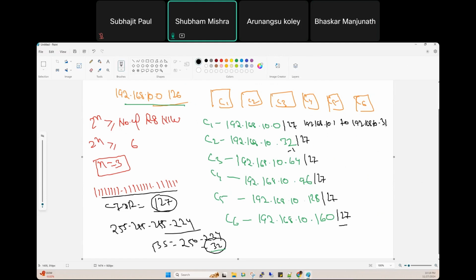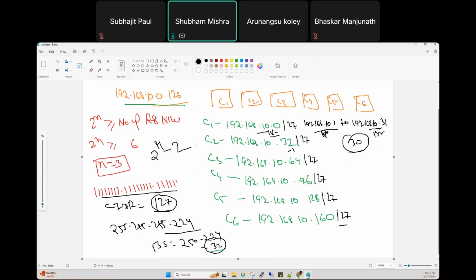The first is the network ID, and the last is the broadcast. So the usable IP addresses will be from 1 to 30. Yes or no? That will be the valid IP addresses.